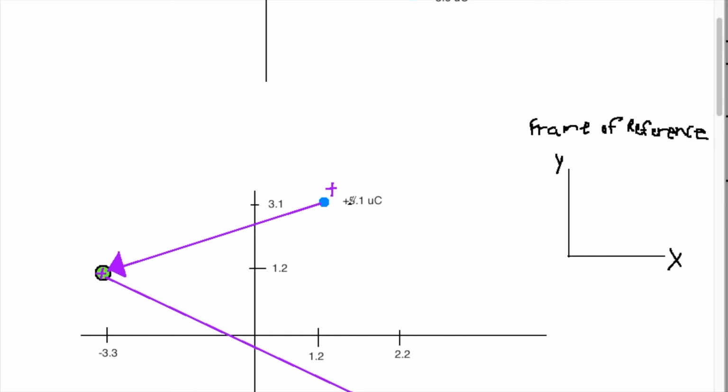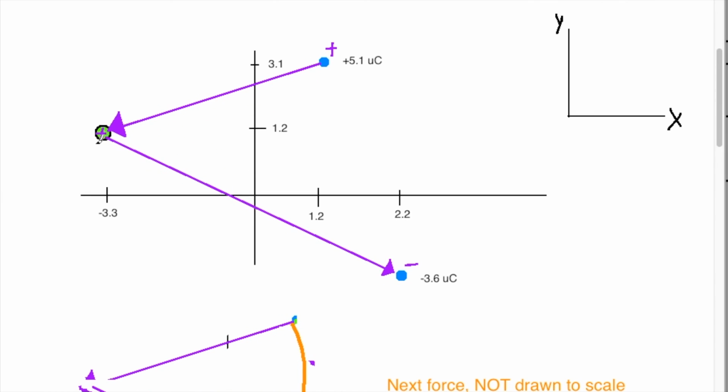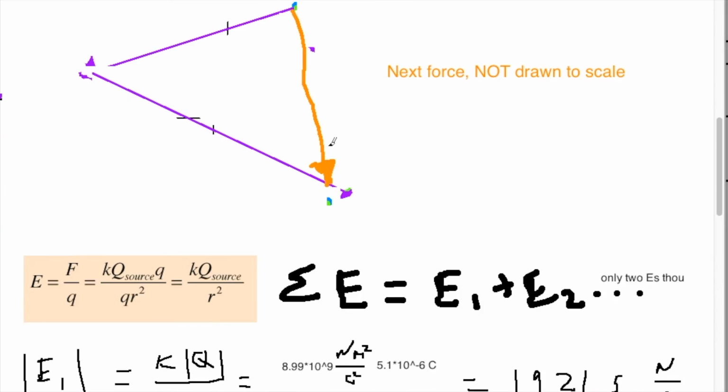Now, mind you, plus charge or minus charge doesn't make it go into the plus or minus direction. Charge is not a vector, but it's not a scalar either. That's what I wanted to say. But charge does dictate the way it interacts with the field. So that's why this vector is in this direction, and this vector is in this direction. Anyway, as you can see, it's going in the minus x and the minus y directions.